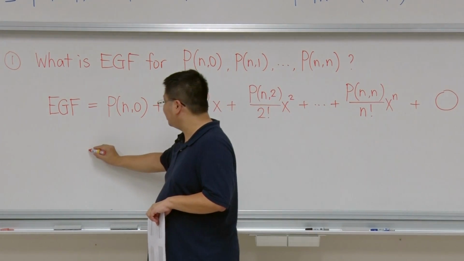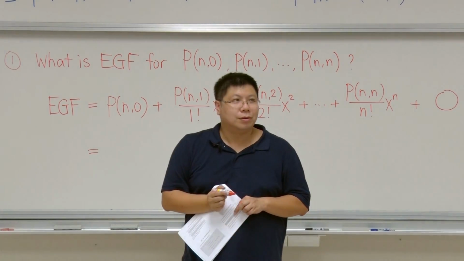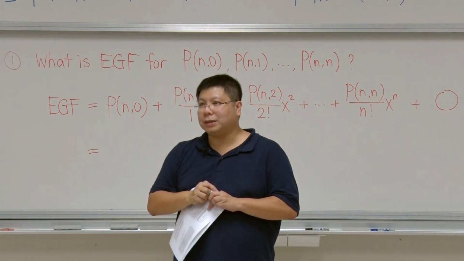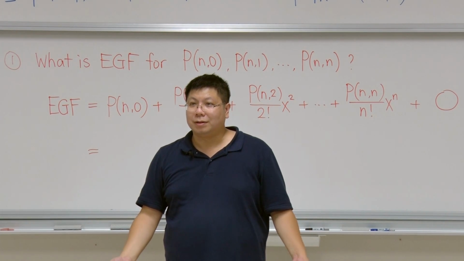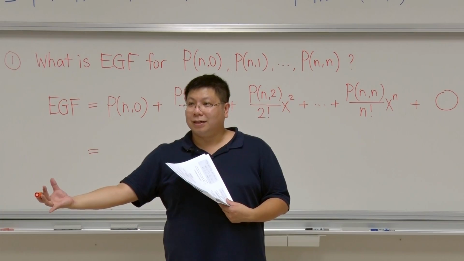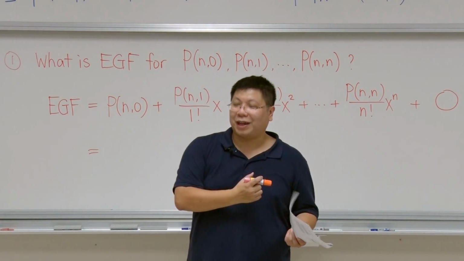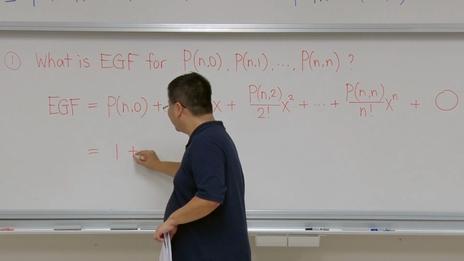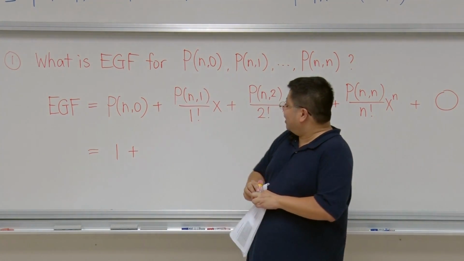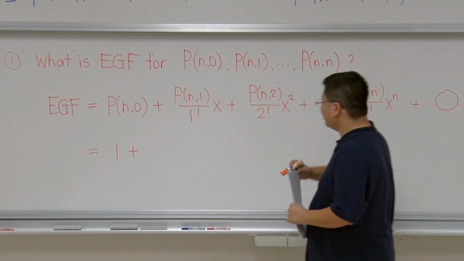So what is Pn0? How many ways are there to choose 0 objects and then do a permutation on them? You have n objects altogether, right? And then how many ways to pick 0 of them? And then 1. Very good. So there's one way. Plus, okay. And then, actually, let's take a look.